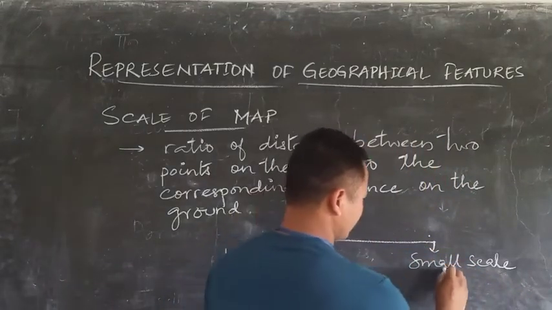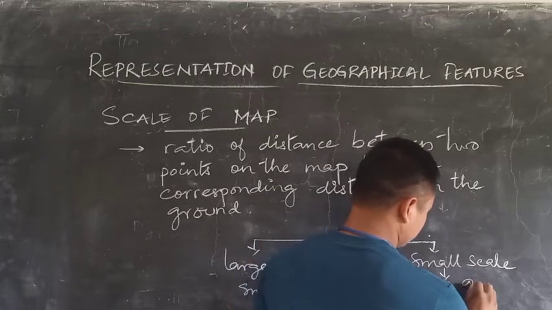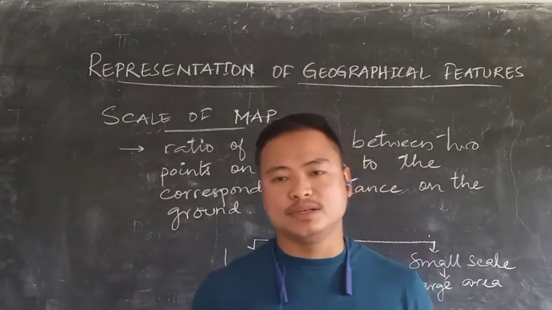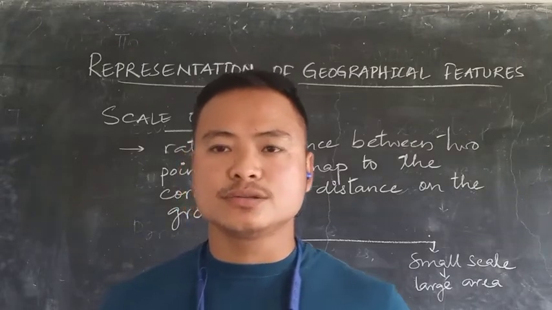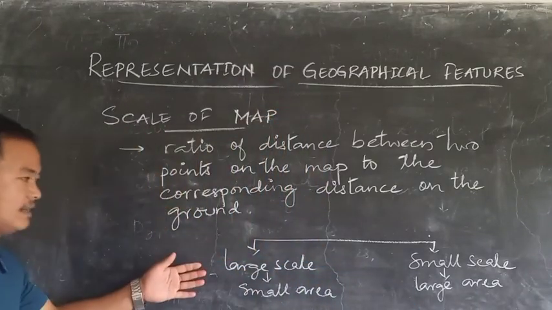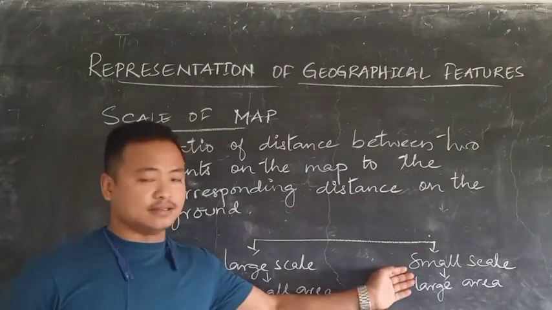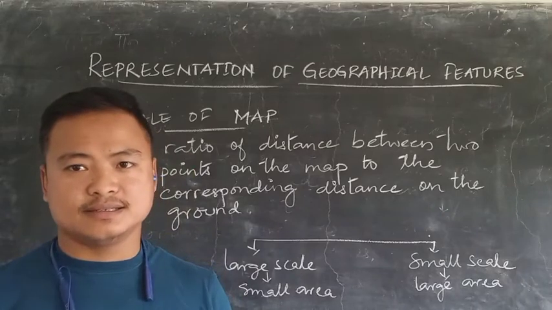While a small scale map represents a large area, but not all the details of that area are shown in the map. So these are the two types of scale on the basis of size.